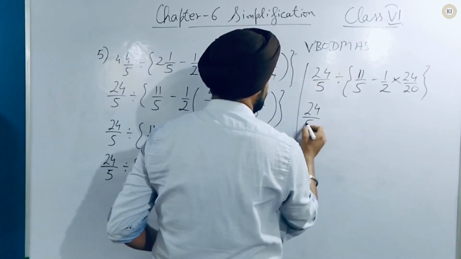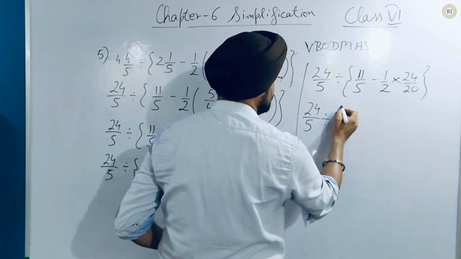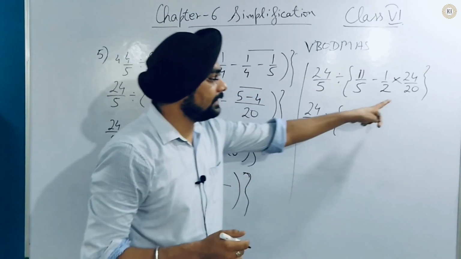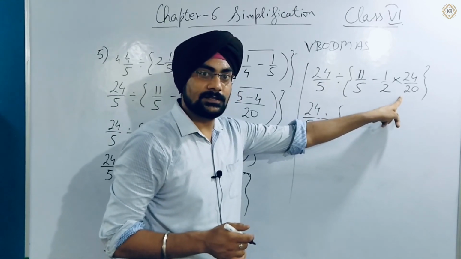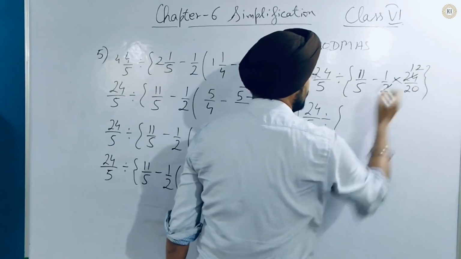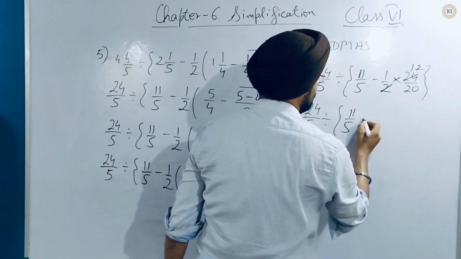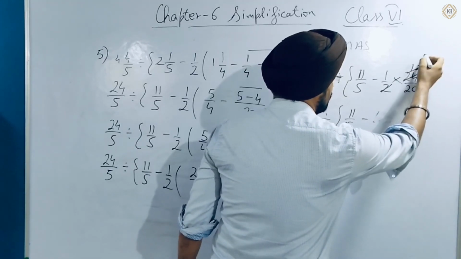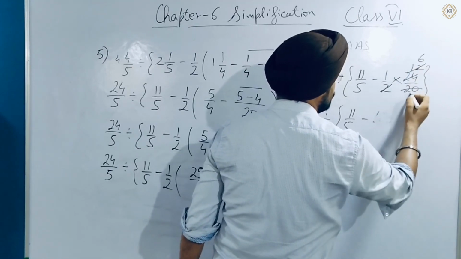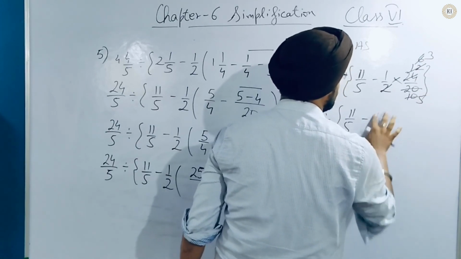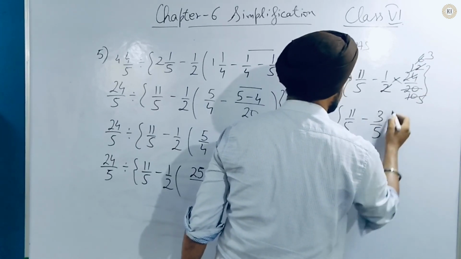Now 24 upon 5 divide, inside this bracket we are going to solve multiplication first, because multiplication comes first, then addition or subtraction. So 2 1s are 12. So 11 by 5 minus 12 upon 20, this can also be simplified: 2 6s are 12, 2 10s are 20, 2 3s are 6 and 2 5s are 10. It will come 3 by 5.